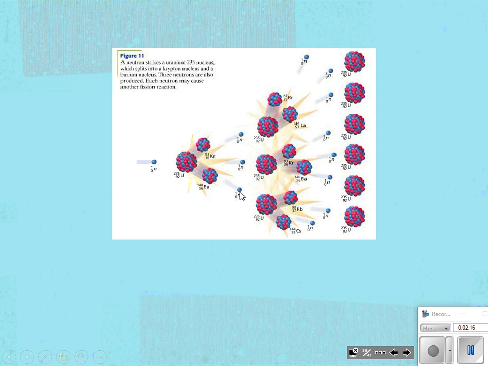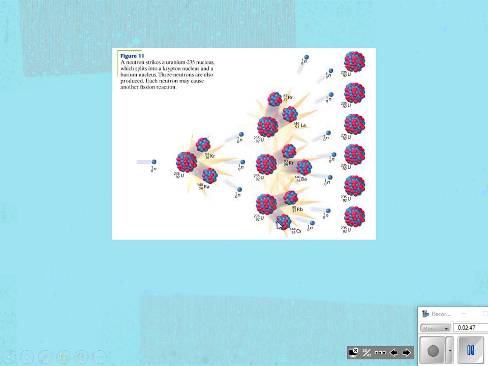Now, what do those three neutrons then do? They collide with other uraniums to cause more splitting of the nuclei. So these unstable uraniums are split into more stable nuclei by those neutrons. We started out with one neutron, split it into two. Here we have three neutrons given off, which then collide with other ones.